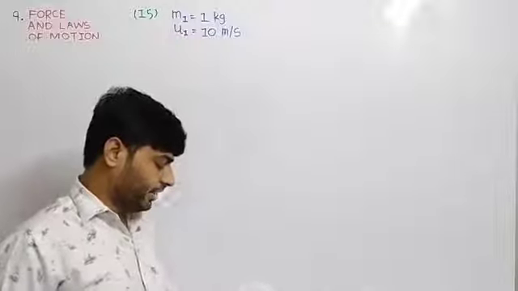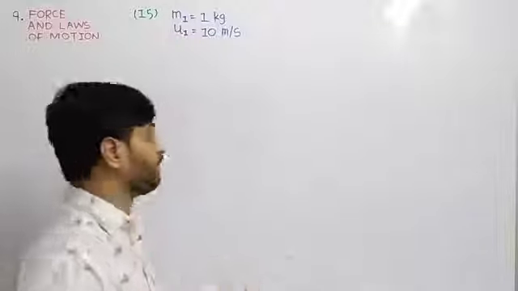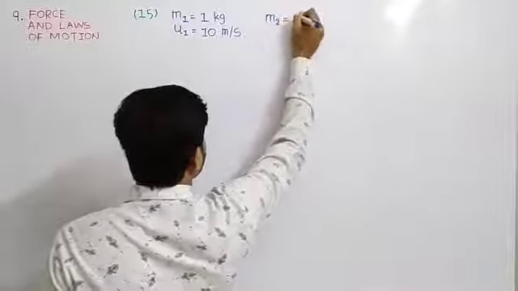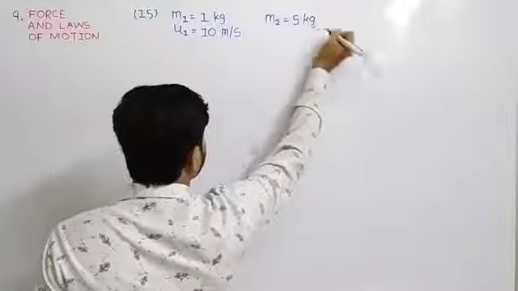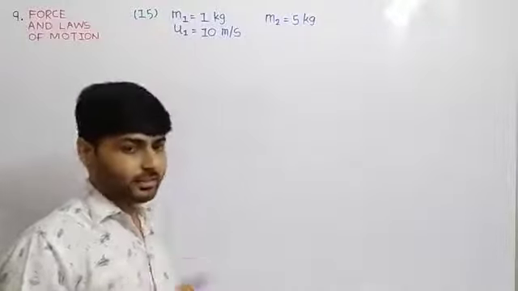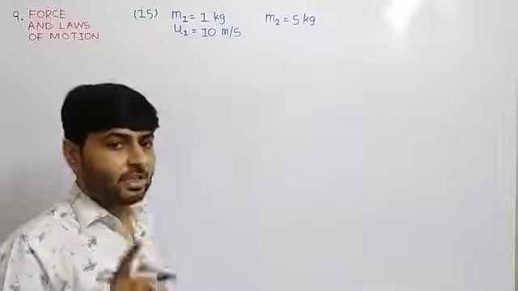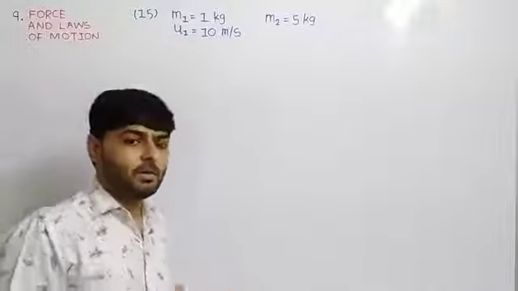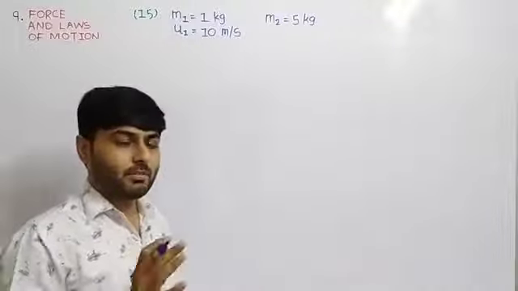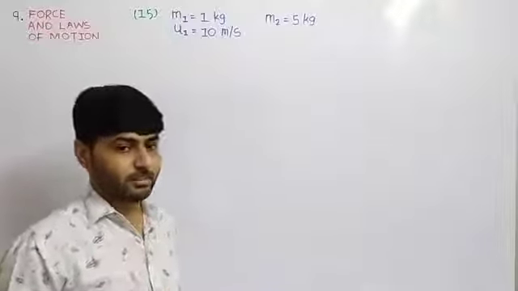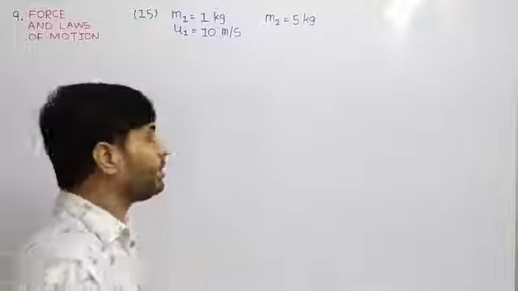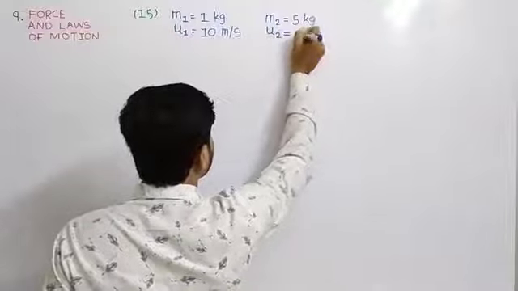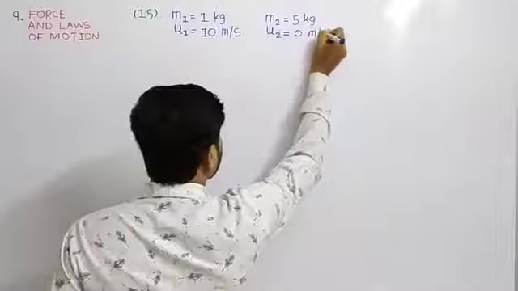It sticks to a stationary wooden block of 5 kg, so I will write here m2 is 5 kg. The wooden block is stationary, which means the initial velocity of the wooden block is 0 meter per second. By now, from previous examples, you know what stationary and rest position mean. So we have u2, that is 0 meter per second.